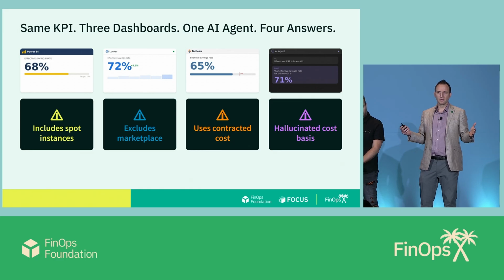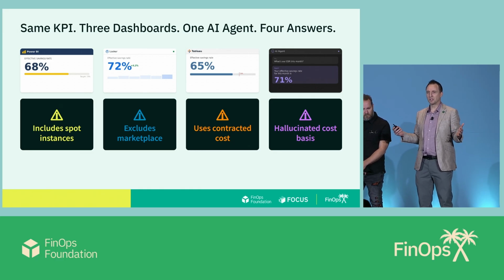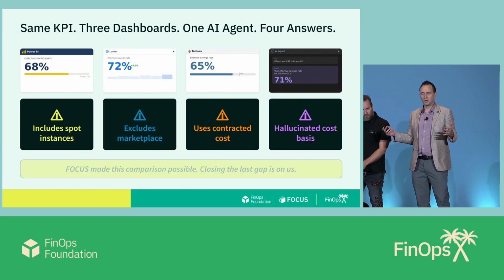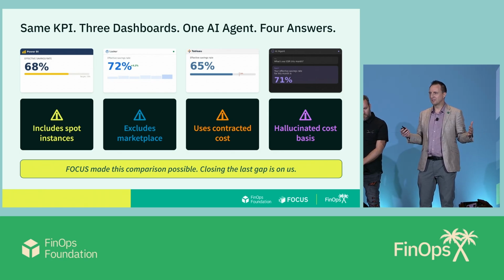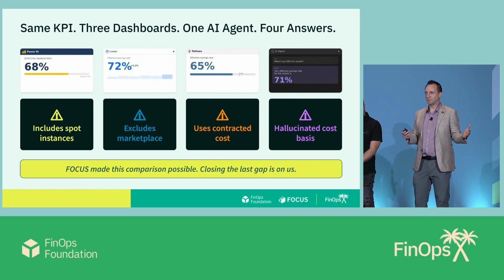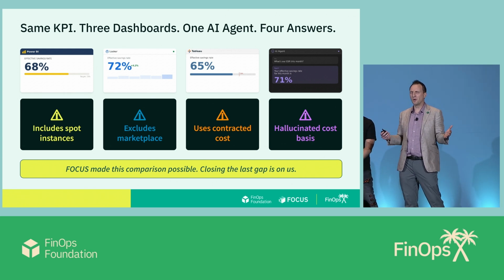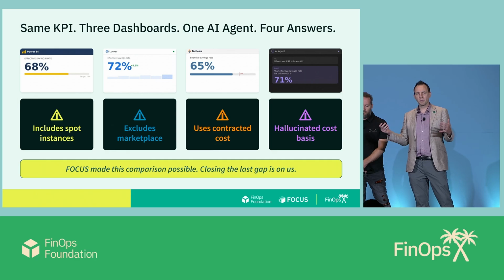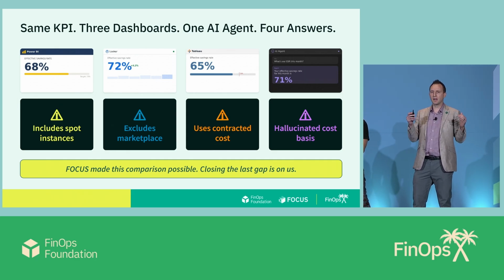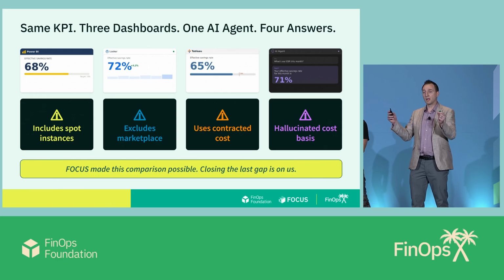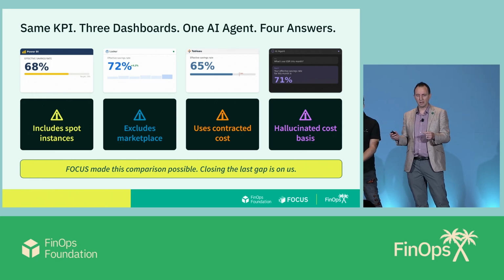And again, if you're using or planning on using AI to be able to do this, which of these costs go to the CTO, to the CFO? I don't want to bank on any of these, and then what that starts to look like is, well, Focus is a problem, or the BI dashboard is a problem. And they're not. These are different. This is not a data problem. This is a logic problem on top of that data.